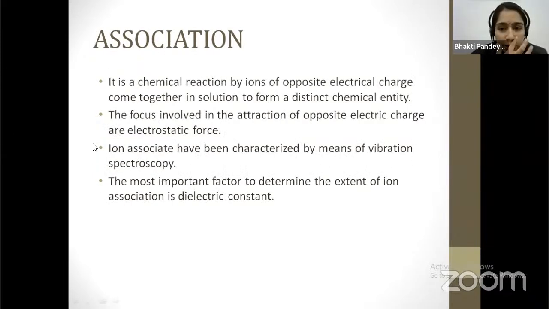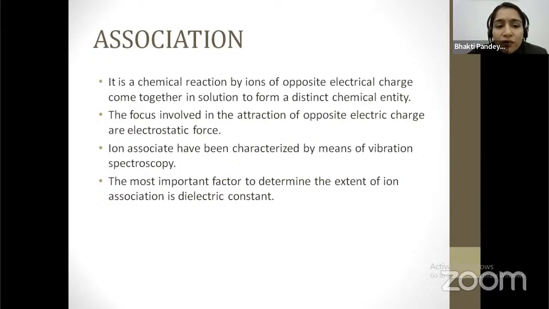Then comes association. So what is association? It is the chemical reaction by which ions of opposite electrical charge come together in a solution to form a distinct chemical entity. So by chemical reaction, two oppositely charged ions come together in close proximity to form a different, distinct chemical entity.